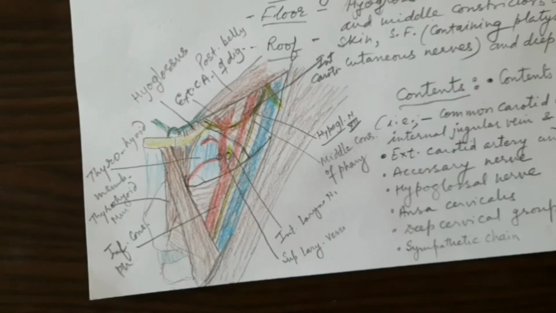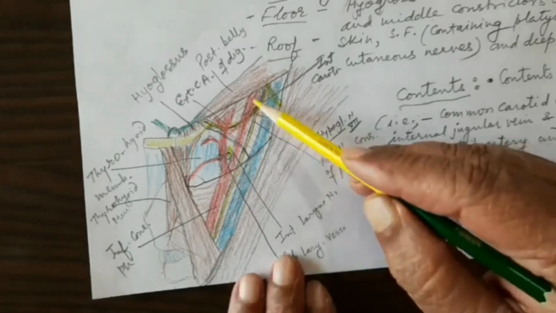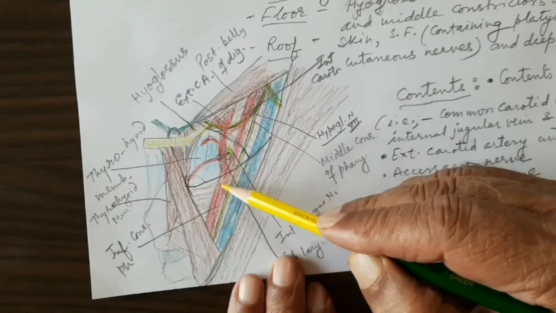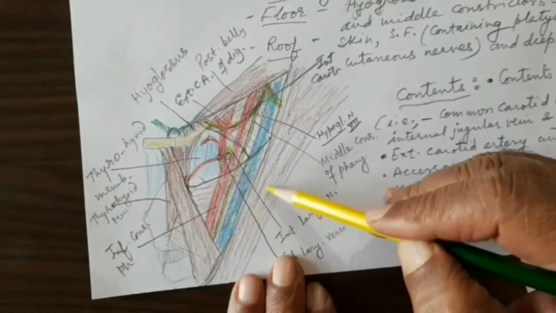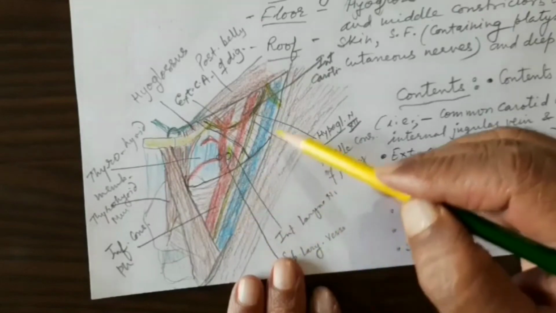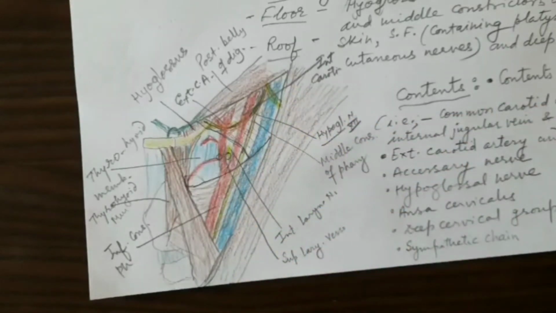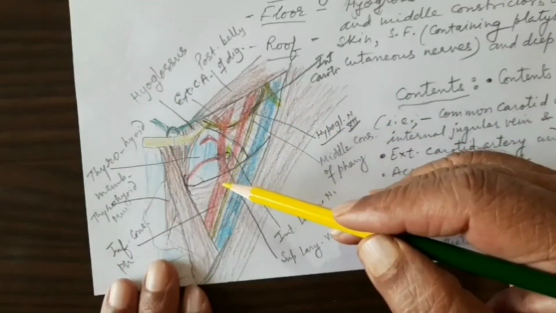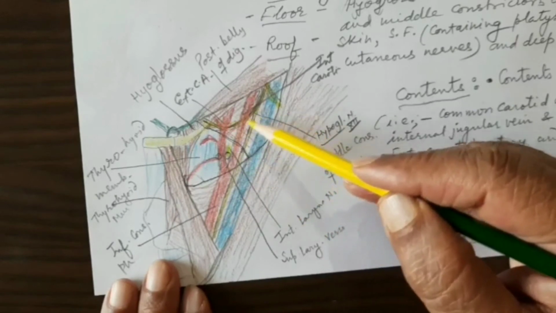What is ansa? It lies onto the internal carotid artery, then it lies partly onto the common carotid and forms a loop here, and these nerves of the loop are deep to the sternocleidomastoid muscle, and this is called the loop of the ansa, which takes origin from the hypoglossal nerve.